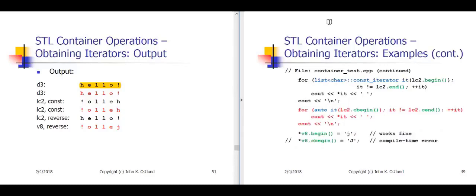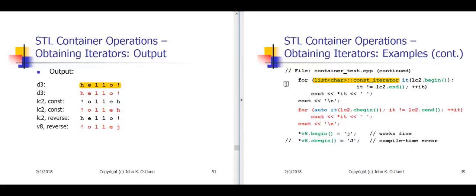Now, for the list lc2, since we don't plan to change anything in the list, what we really should ask for is a const iterator. This is the equivalent for iterators of a pointer to const, if, say, you're using a pointer to const to step through elements of an array that you plan not to change.